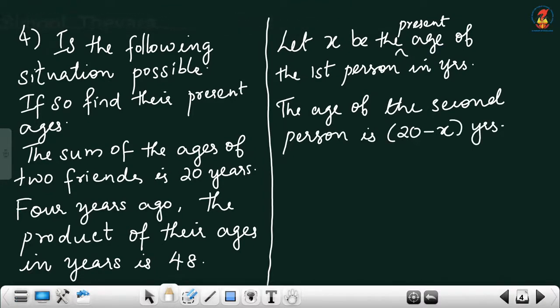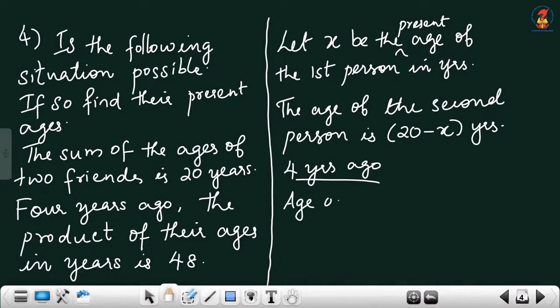Then 4 years ago, the relation is given as the product of their ages in years is 48. So, we need to get the age of each of them 4 years ago.